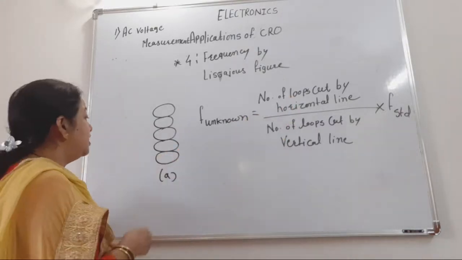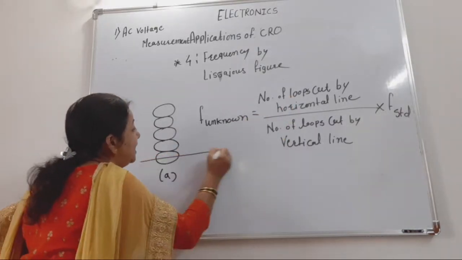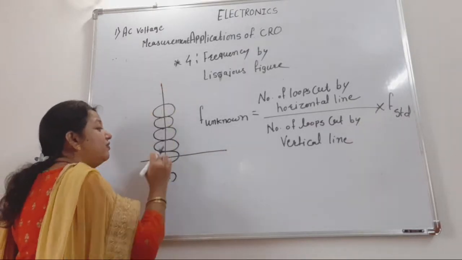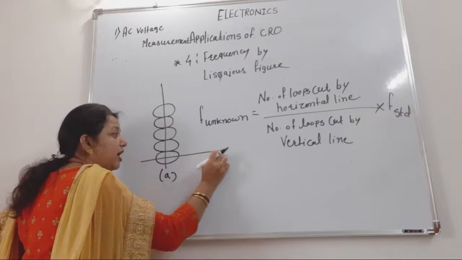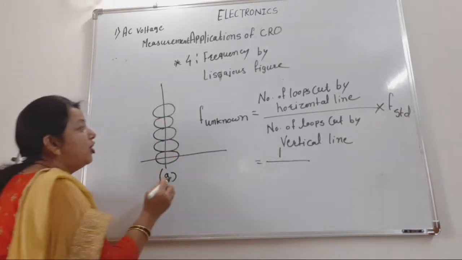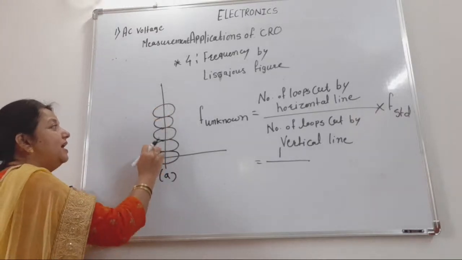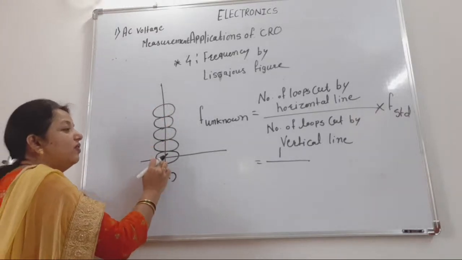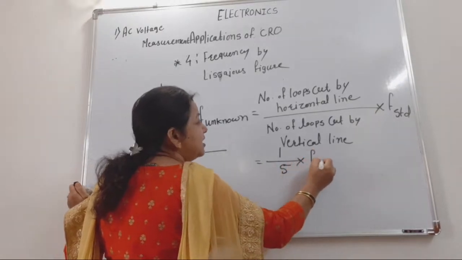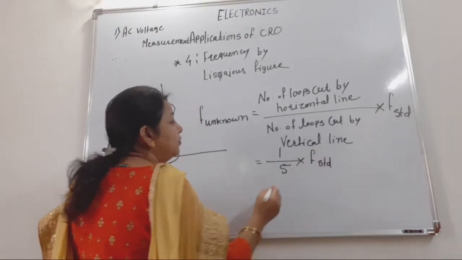Now listen carefully. Number of loops cut by the horizontal line. Here is your x-axis and here your y-axis. Number of loops cut by the horizontal line: how many loops? Only one loop. And number of loops cut by the vertical line: 1, 2, 3, 4, 5. So 1 upon 5 multiplied by F standard or F known.